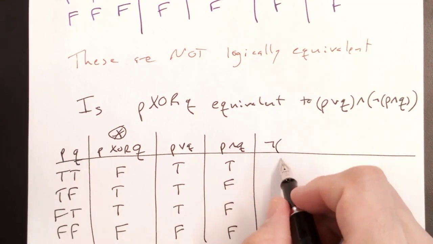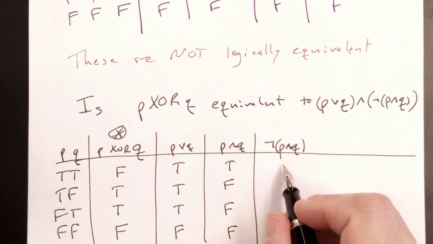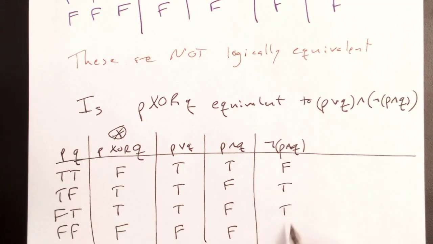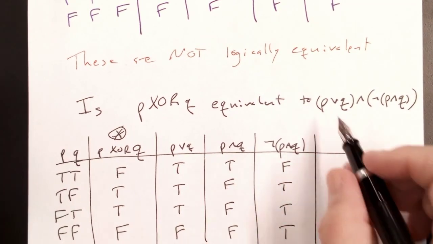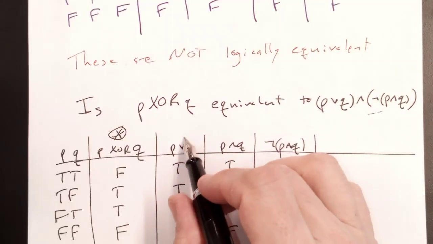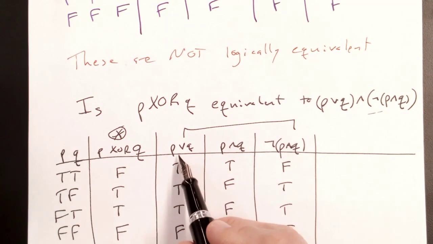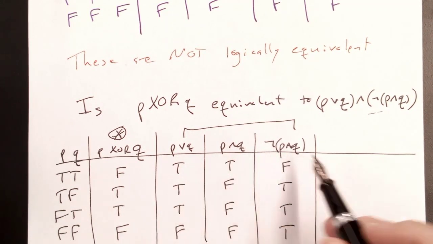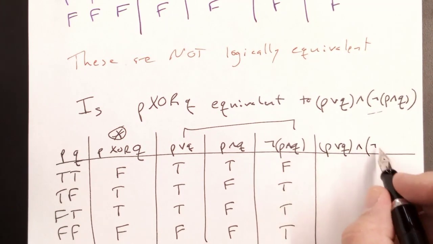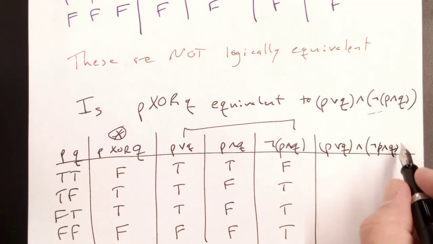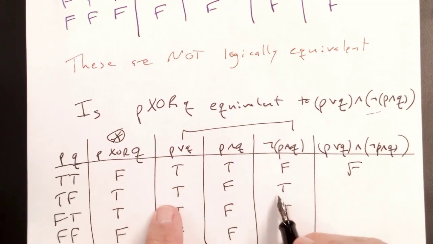The negation of P and Q, and now I need this whole thing, which is really those two together. Yes? P or Q and not P and Q. So that's these two, and is true when both are true.